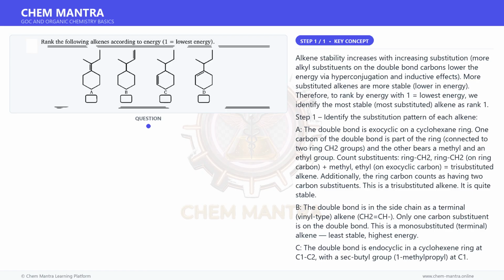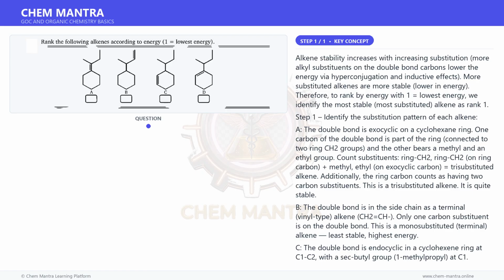D is disubstituted endocyclic, less stable than C, more stable than B, rank 2. B is a monosubstituted terminal alkene, least stable, highest energy. Rank 4. Reconciling with the given answer: A 1, B 4, C 3, D 2.